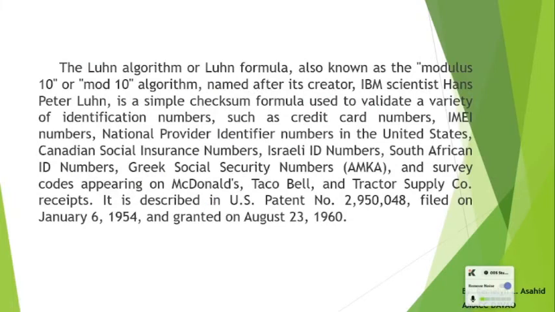So the Luhn algorithm or the Luhn formula is also known as the modulus 10 or mod 10 algorithm, named after its creator, IBM scientist Hans Peter Luhn. It is a simple checksum formula used to validate a variety of identification numbers such as credit card numbers, IMEI numbers, national provider identifier numbers in the United States, Canadian social insurance numbers, Israeli ID numbers, South African ID numbers, Greek social security numbers or AMKA, and survey codes appearing in McDonald's, Taco Bell, and Tractor Supply Co. receipts.